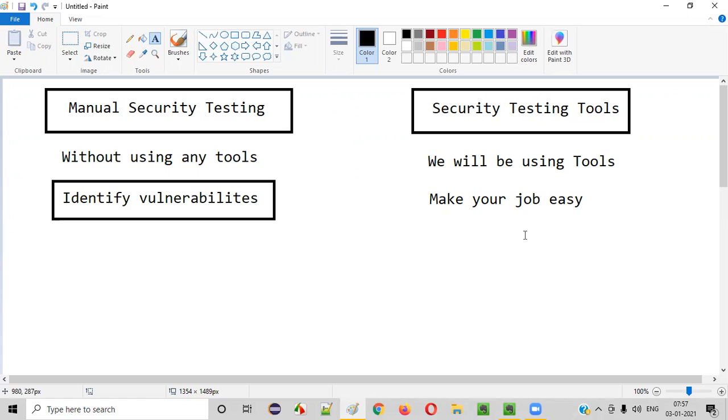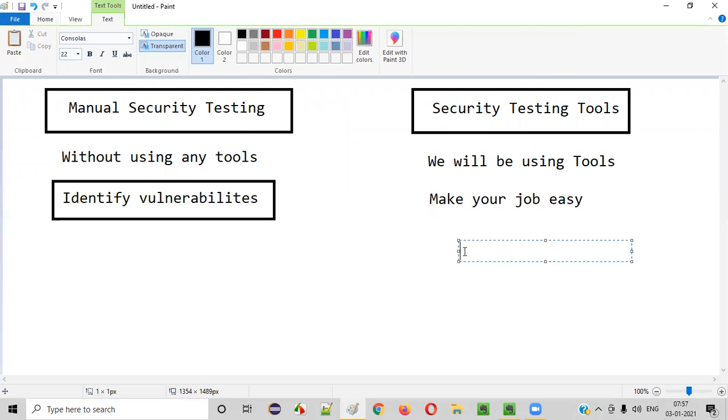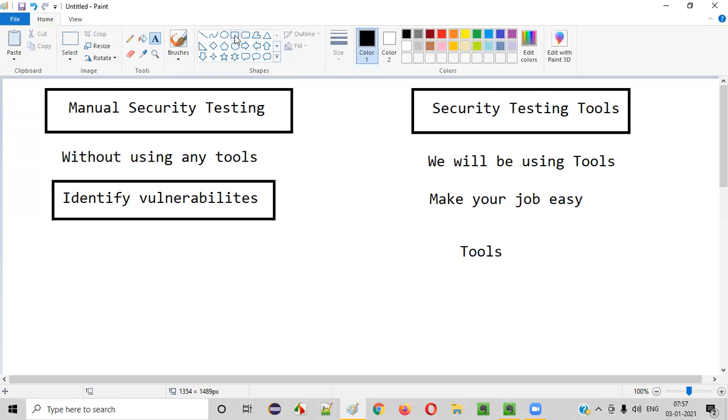Most people prefer or show interest in performing or learning security testing using tools, guys. When someone starts learning security testing, they just want to find out exactly which tool to use. They don't focus on manual. Manual security testing, a lot of knowledge resides here, guys.